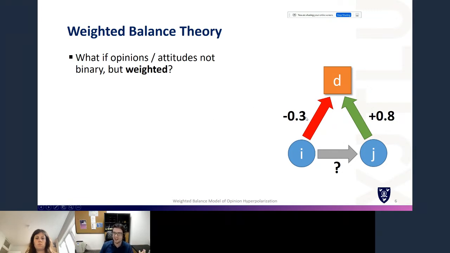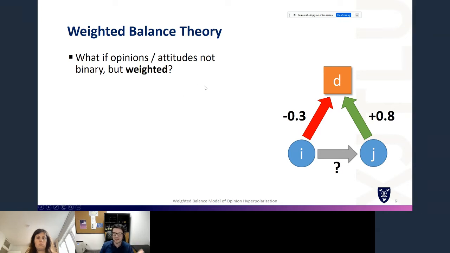For example, in this case, I is slightly against cannabis legalization, and J is very much in favor of it, like plus 0.8. Opinions are always somewhere between -1 and 1. So what would be our prediction? What should I's relationship to J, or I's opinion about J, be in this case?